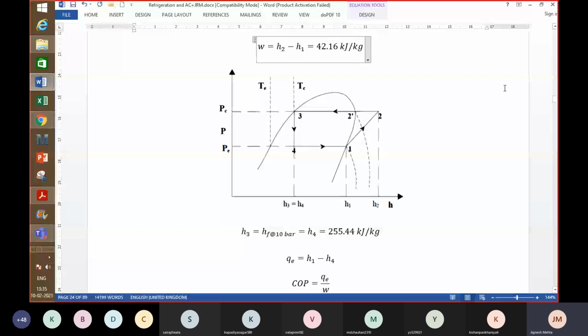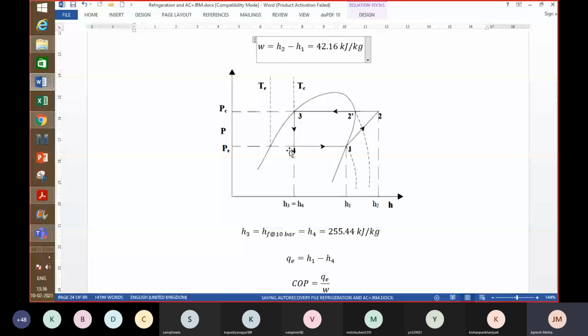Now, what is of interest to us? One, work. Second, the heat that is absorbed here in process 4-1. So for that, you need to know H4, and H1 is already known. So the only thing we now need to get is H4. Now H4 is again inside the saturation dome, it's a mixture of vapor and liquid.